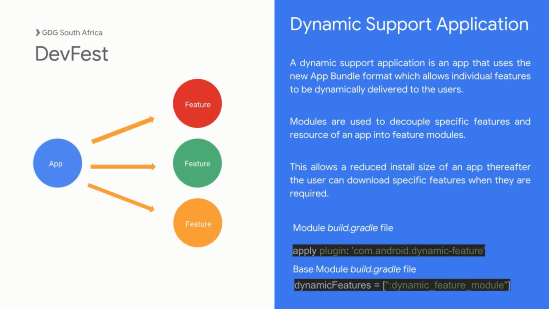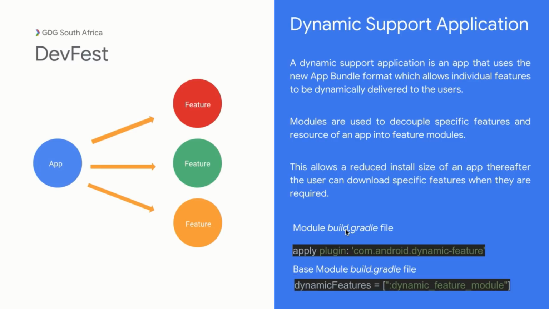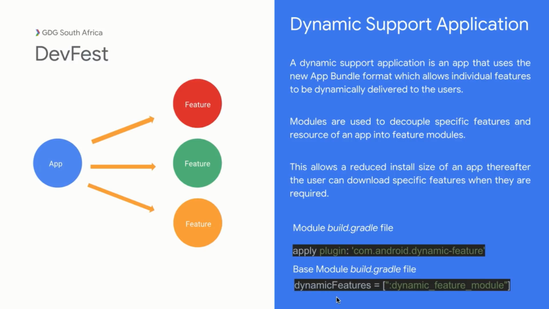In your module's build.gradle file, you'd apply that dynamic-feature plugin. And then in your base build.gradle file, you'd use this tag here, whereby you specify all the dynamic features in the app onto the base module so that it can reference them.